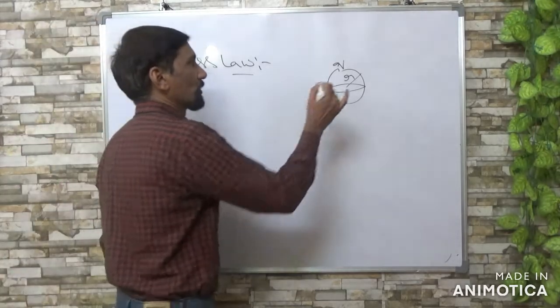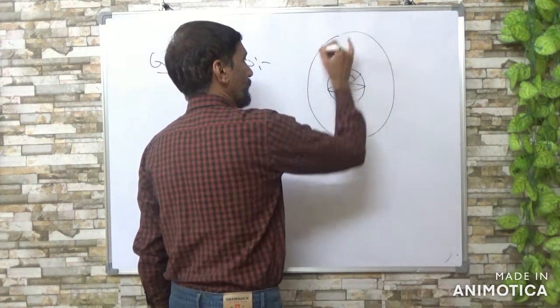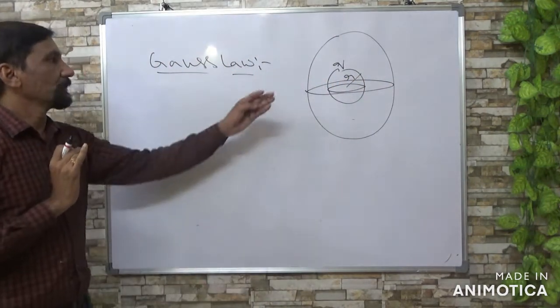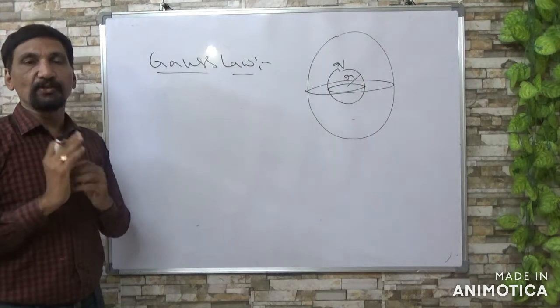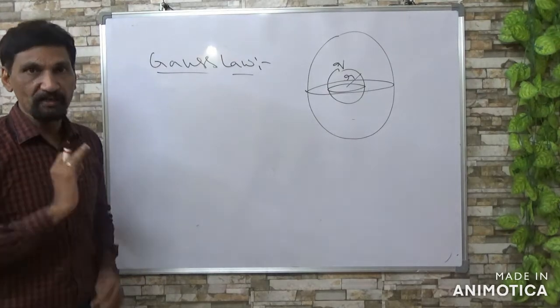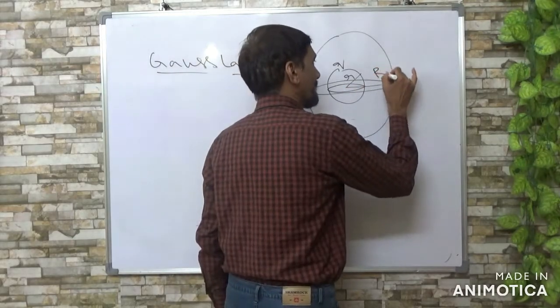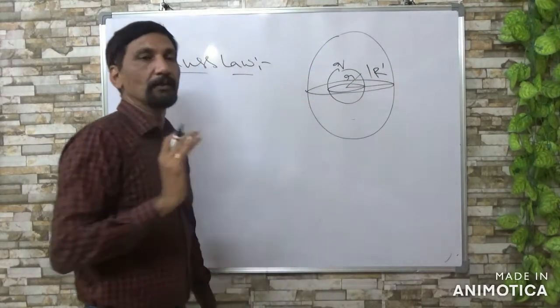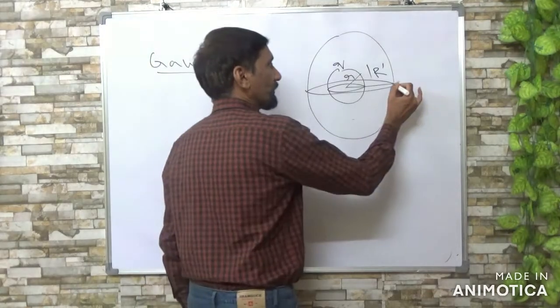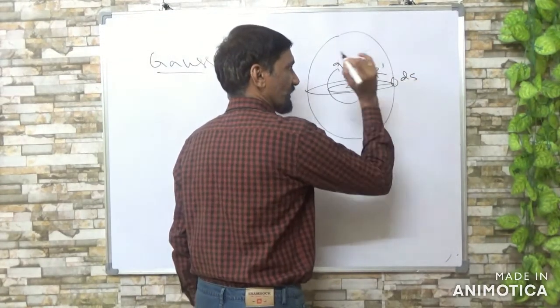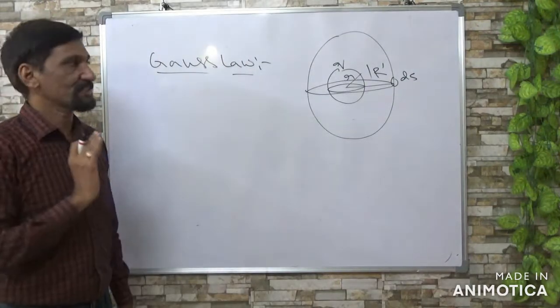In order to solve such problems, it must be surrounded by a surface. So it is nothing but a Gaussian surface. So let the radius of this be capital R. Now you want to find at this point, say the surface area of this is ds.